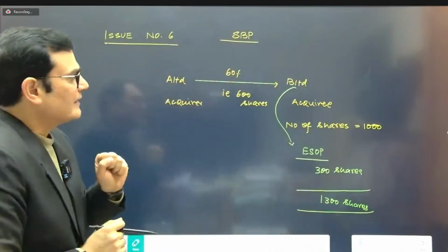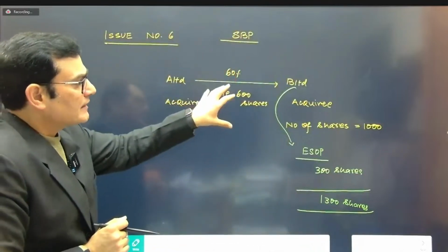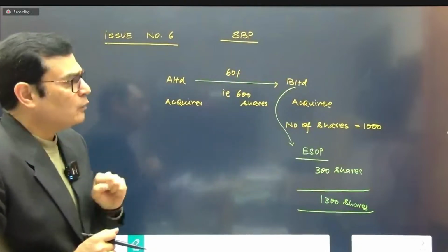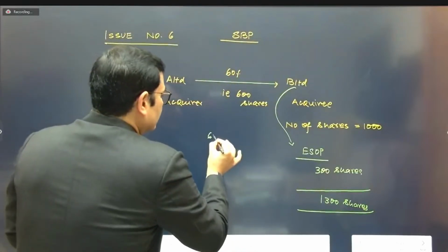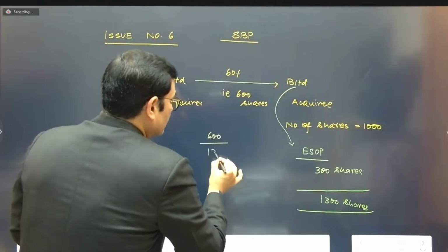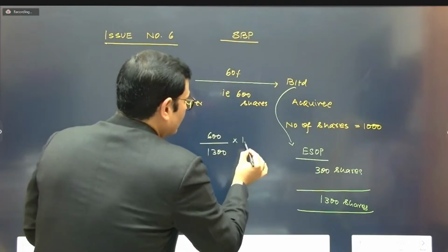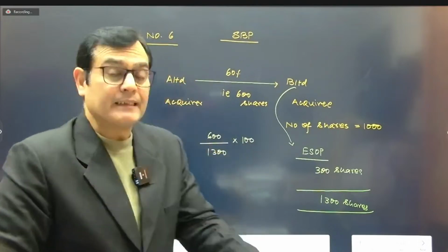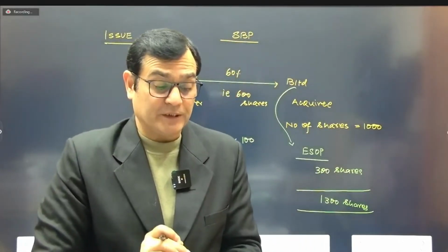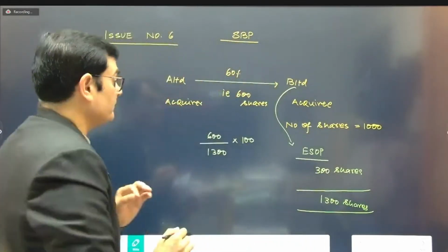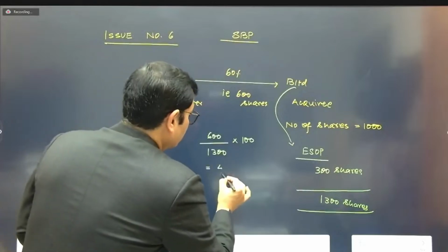Now, A makes an assessment that he has 600 shares in B, and once the total capital becomes 1,300, he calculates that his stake in the company is going to be 600 divided by 1,300. It comes to approximately 46% stake.